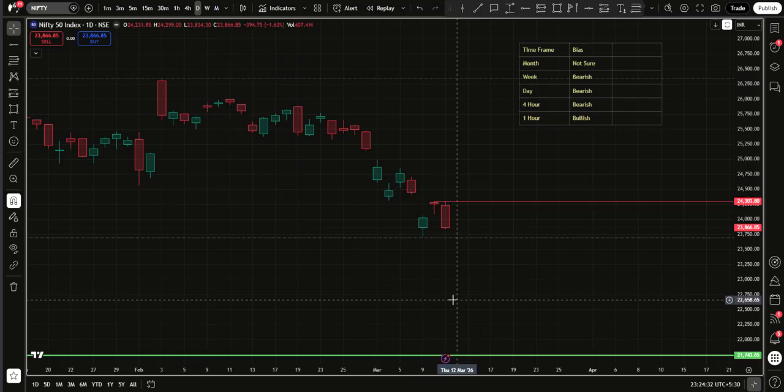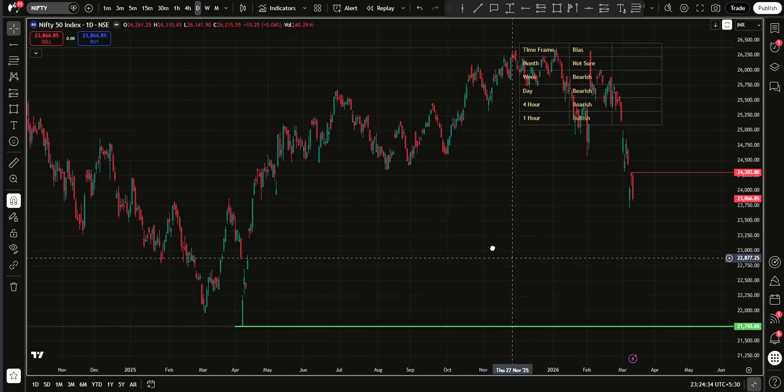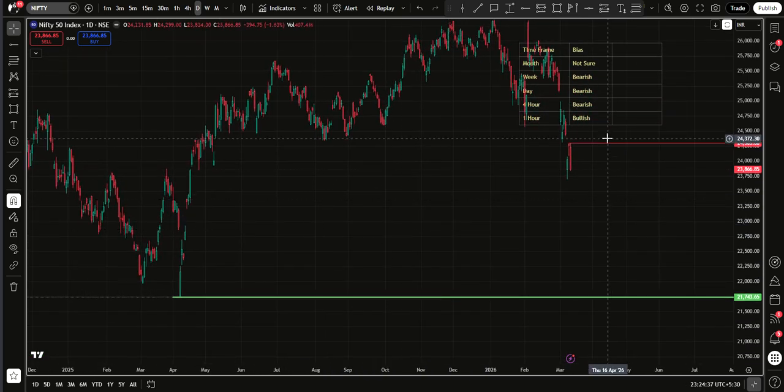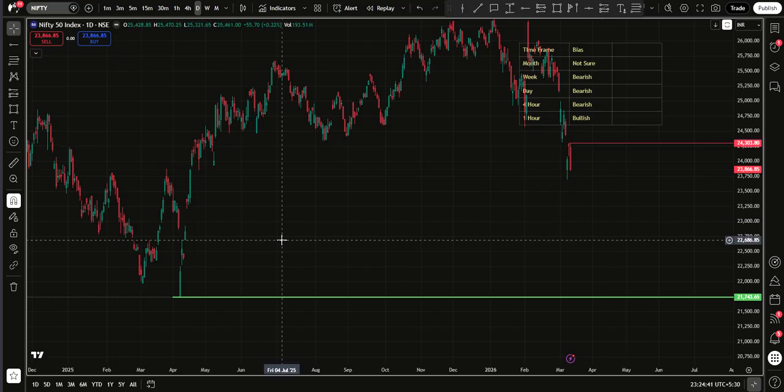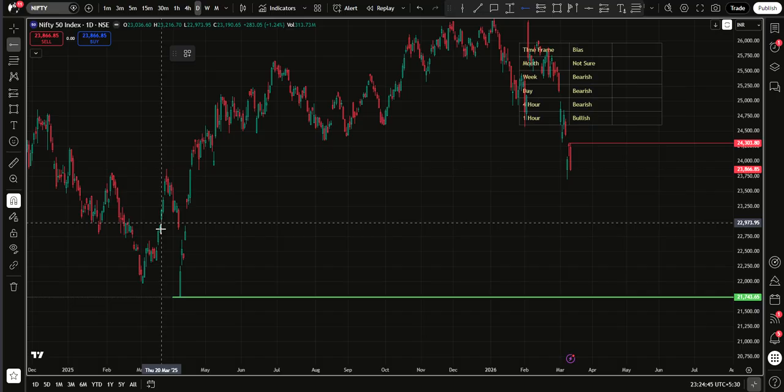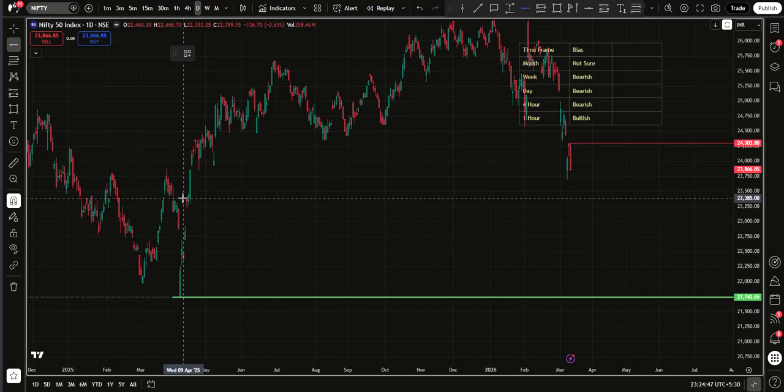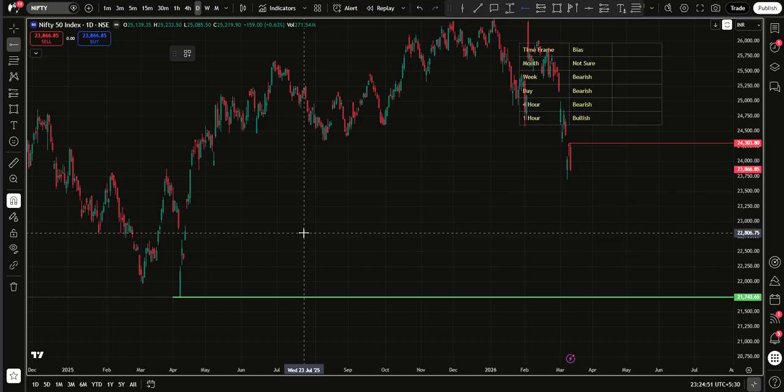Too many shots of tequila. Yeah, so now if that is where the sellers are, where are the buy orders? The buy orders essentially are here on this small candle that you see. That is the candle of 15th April. Ideally, I should be marking the midpoint of the body of it.